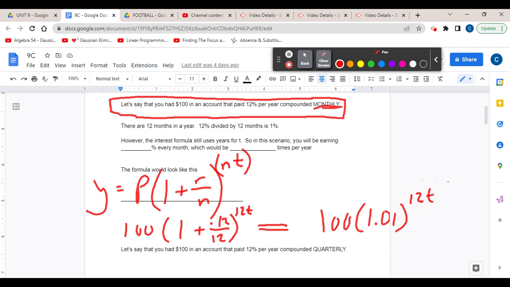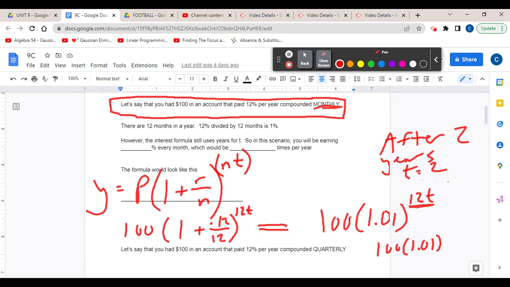After 2 years, that makes T equal to 2, and 12 times 2 is 24, and that's how we arrive at what we had originally: 100 times 1.01 to the 24th power.